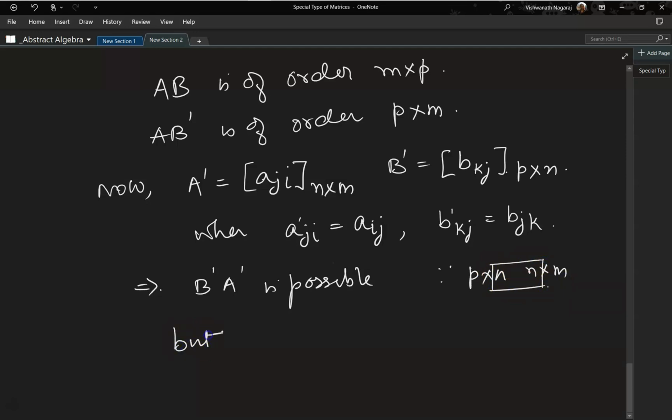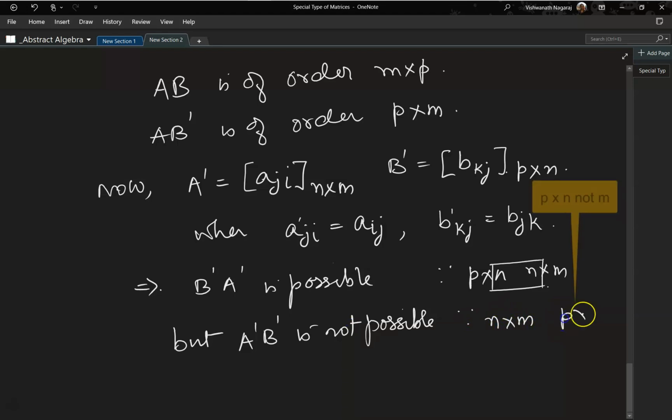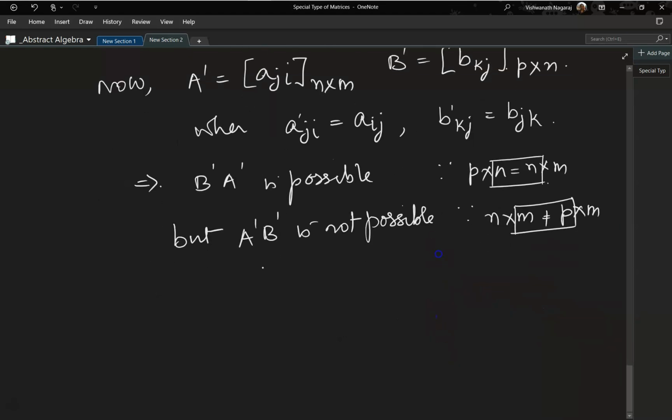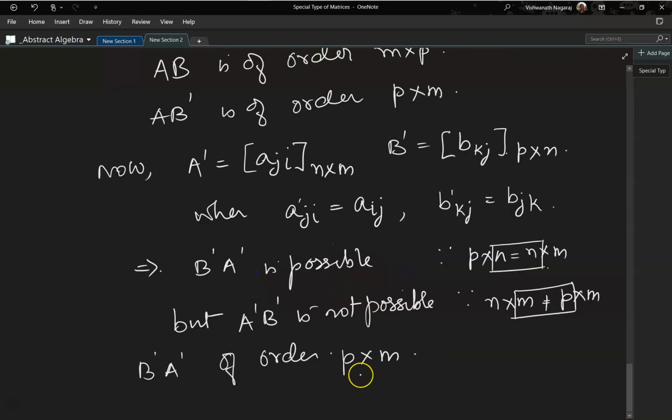But A'B' is not possible, since n by m and p by n are not equal. So only this is possible, and this will be of order p by m. Yes, this is p by m.